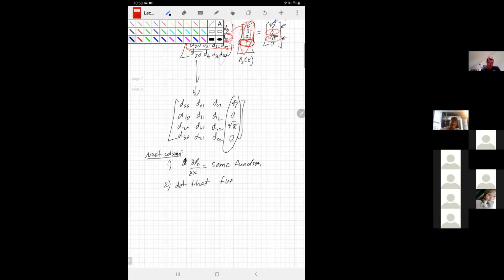Then I would dot that function with my 4 basis functions. And what I would finally get out is 4 matrix elements. Any questions?